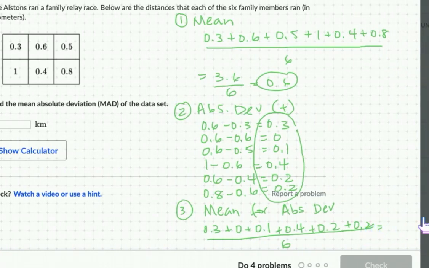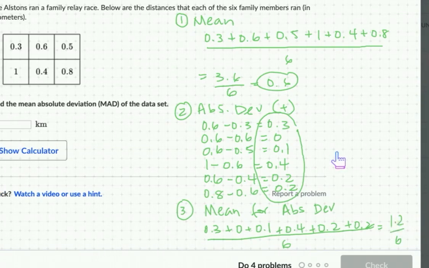That's 1.2 divided by 6. 1.2 divided by 6 is not 2, it is 0.2.